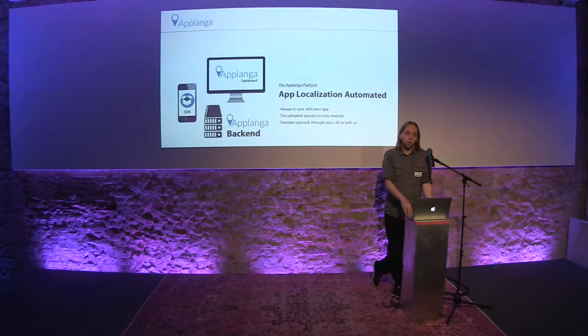You can also automatically push them back into your app, so you don't need to make extra app builds. We have a special testing mode, called draft mode, where your translators can set your app in a draft state and preview the translations without your actual users seeing them. So you can test everything, and when you're ready, you can put it live.